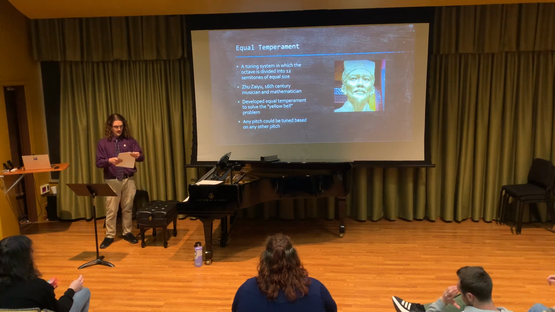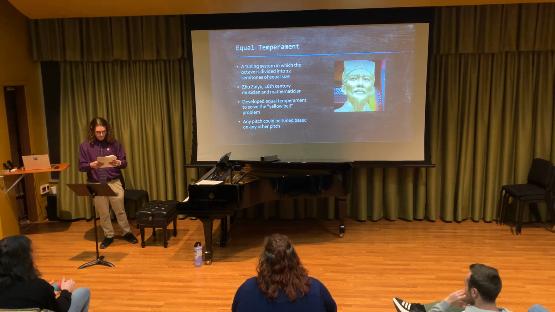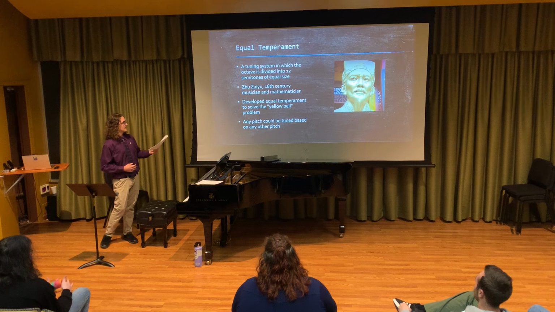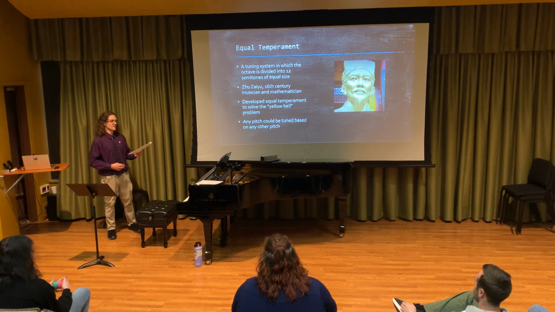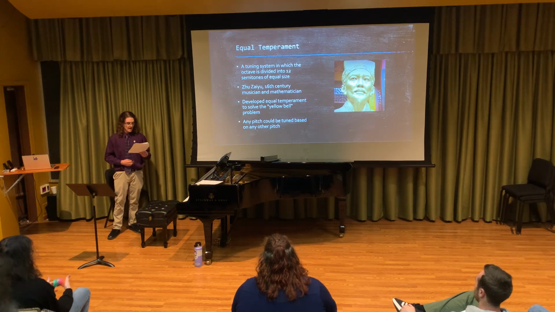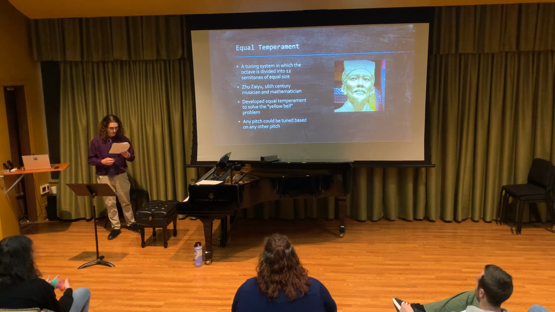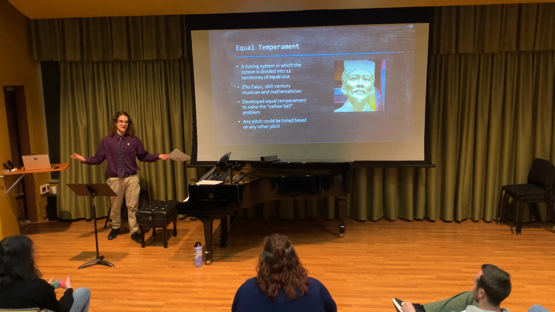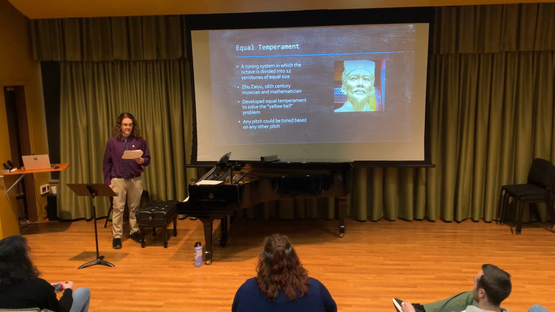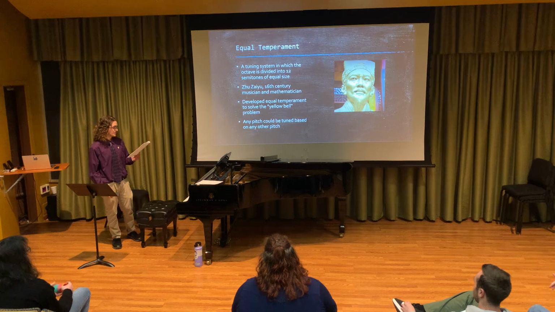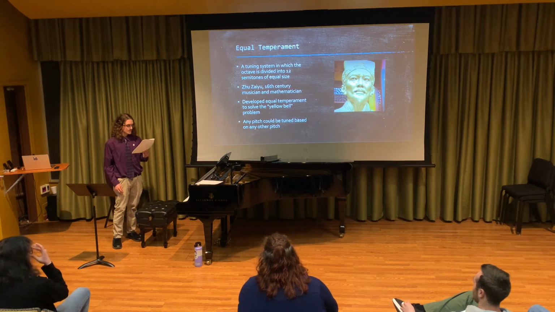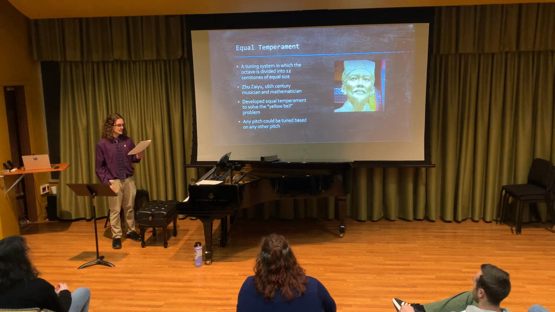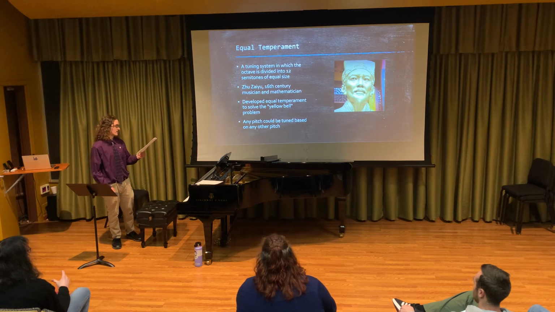So essentially, in his town, the town's bell pitch was going out of tune, and the Guangzhong, which translates to yellow bell, refers to the basic pitch to which the bell was tuned. 12 tones came from Zaiyu's proportion, the 12th root of 2.